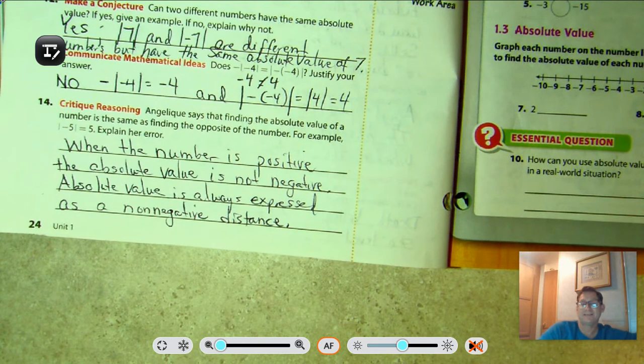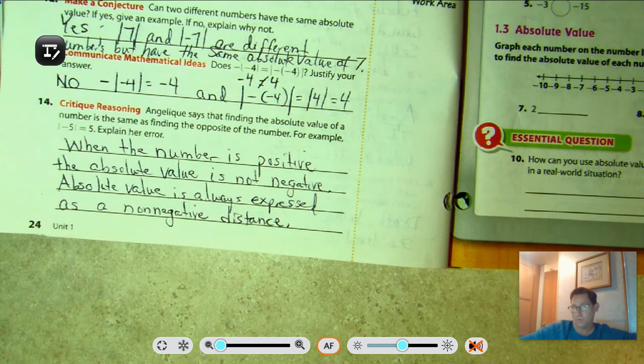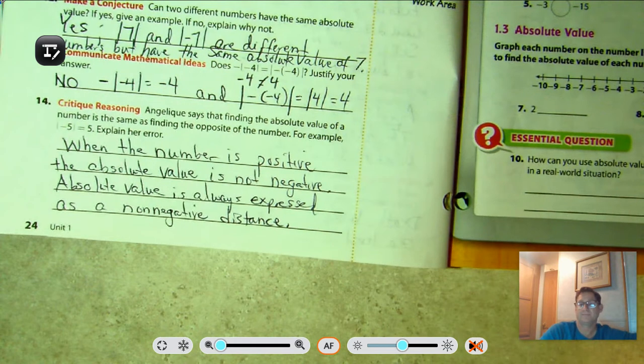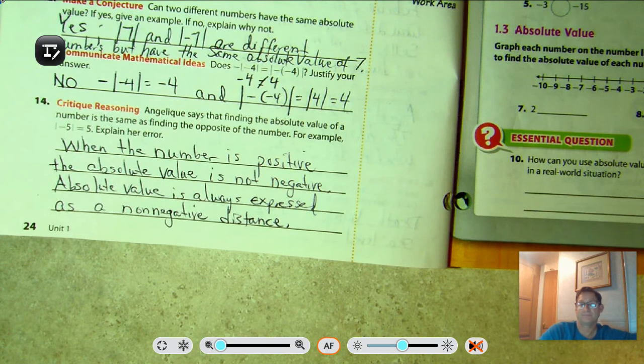It's always expressed as a non-negative. It can be 0 or a positive distance, but it can't be negative.